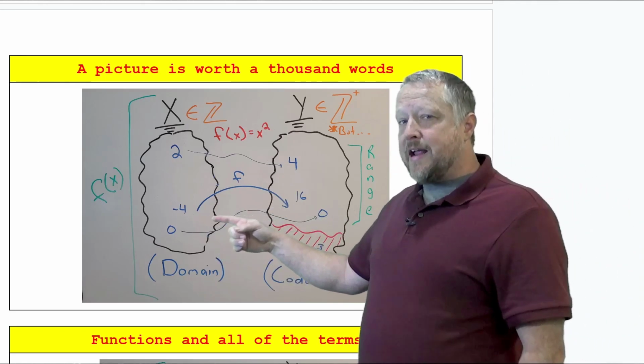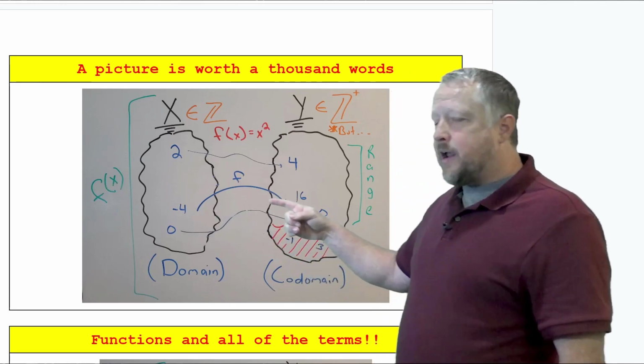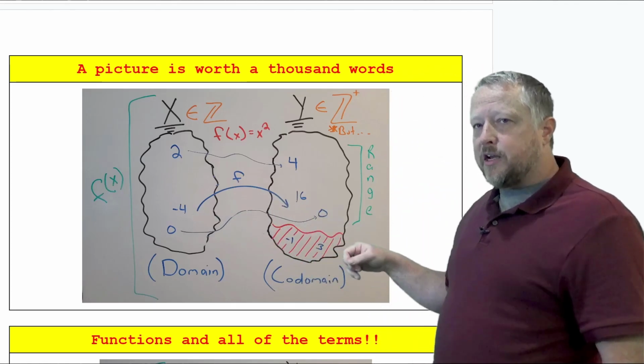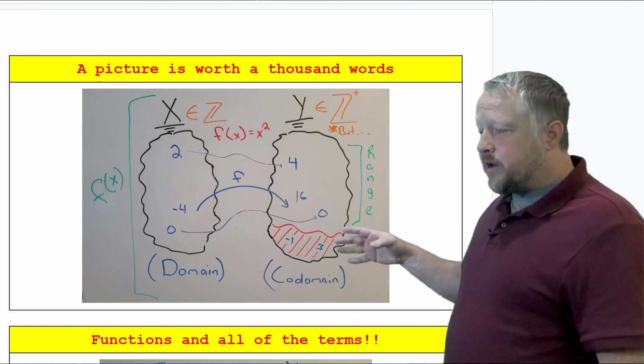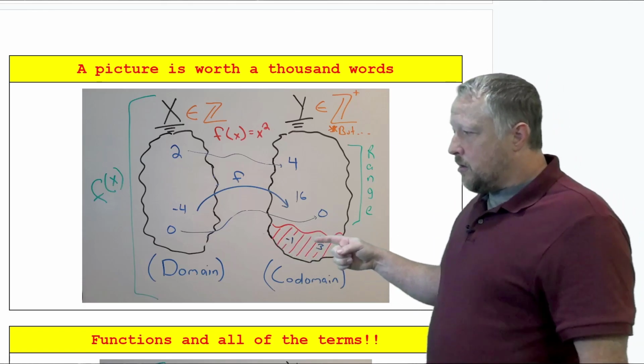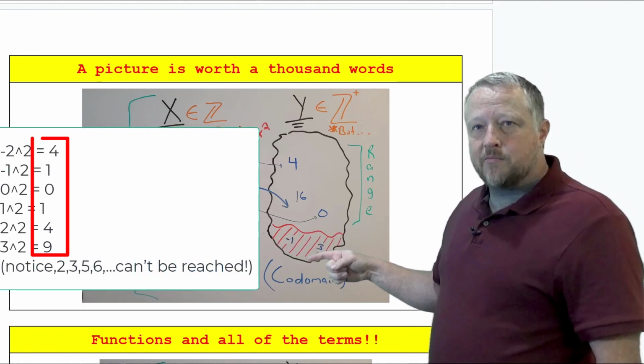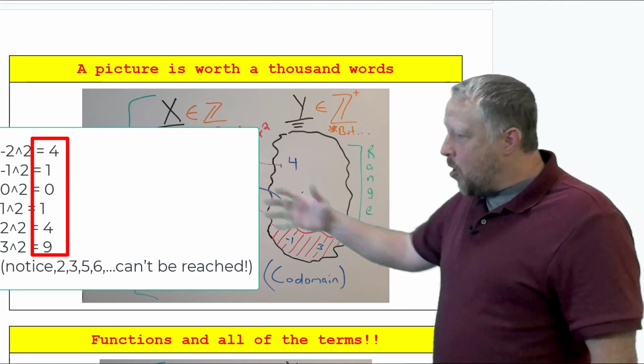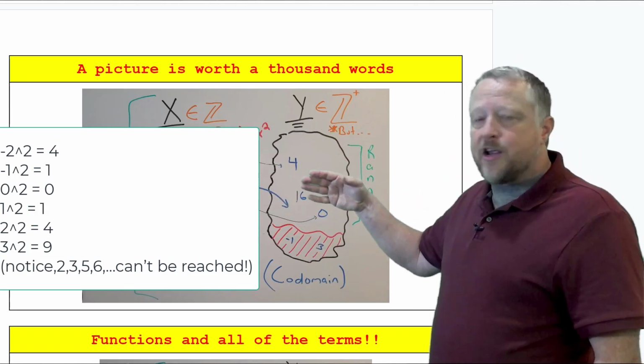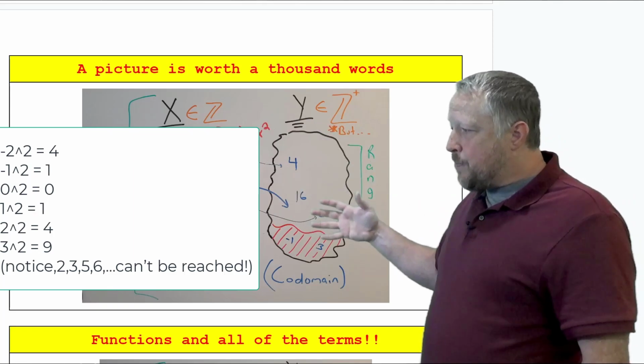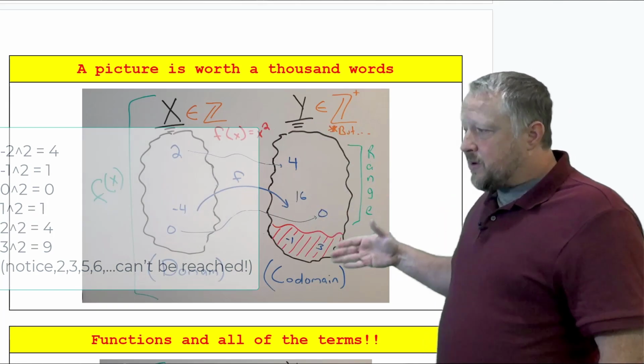You know that negative 4 squared is going to end up 16. So what about all the negatives? By the way, negative numbers, we know they can't reach that. But the kicker is that there are some positive values that also can't be reached, like 2, 3, 5, and 6. They just can't be reached by this function.